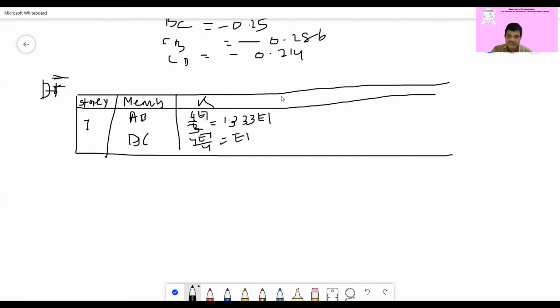Then comes Ch, so we have to find the Ch value. What is Ch? Ch is equal to HR by H, the height of the column by the story height. So for AB it is 1, and here it is 0.75.